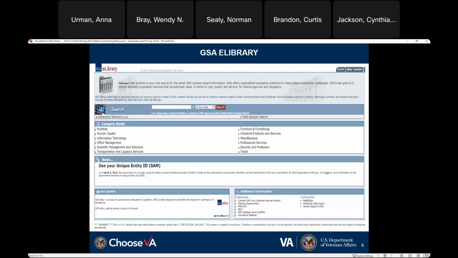So if you're looking for teaming partners, for example, because you do not have a schedule, but a potential target agency is buying those services or those products, you're trying to sell them through schedules, perhaps teaming up with a vendor that has a schedule already is a way to get to that customer easily while you're getting your information together.